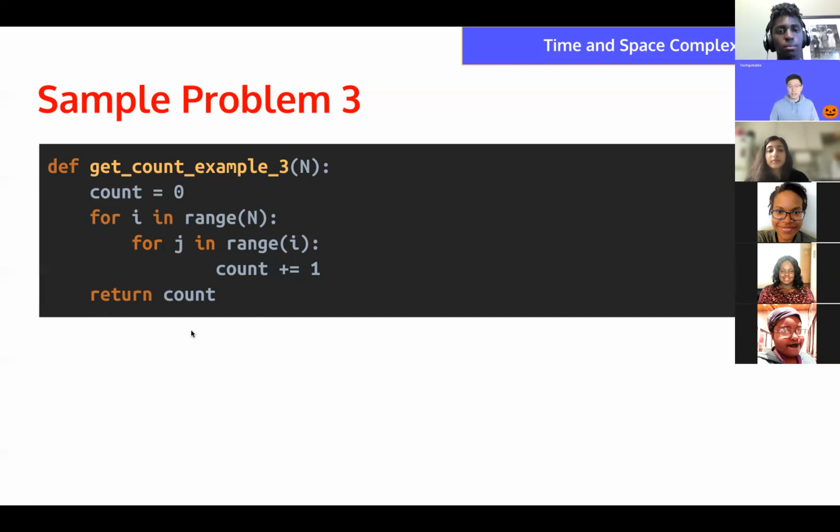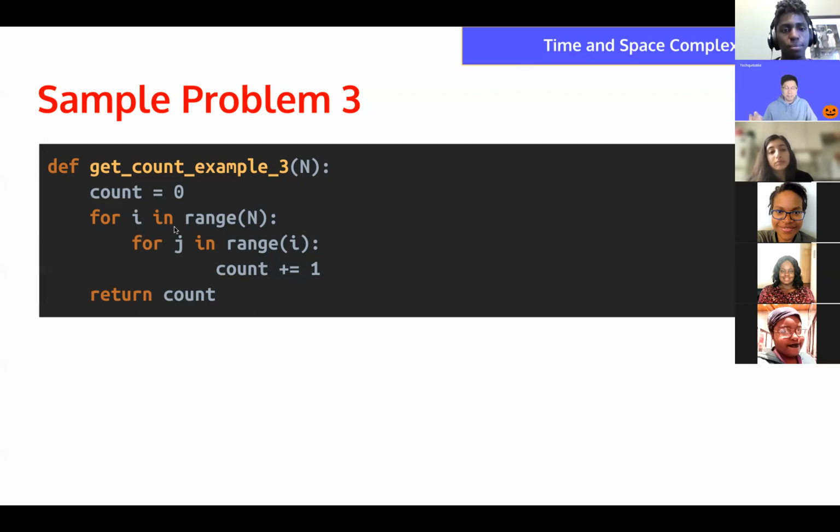And then lastly, this is a little tricky one. It's similar to the second sample problem, except if you look at the inner loop, instead of for j in range n, which means going from 0 to n, it's doing for j in range i.